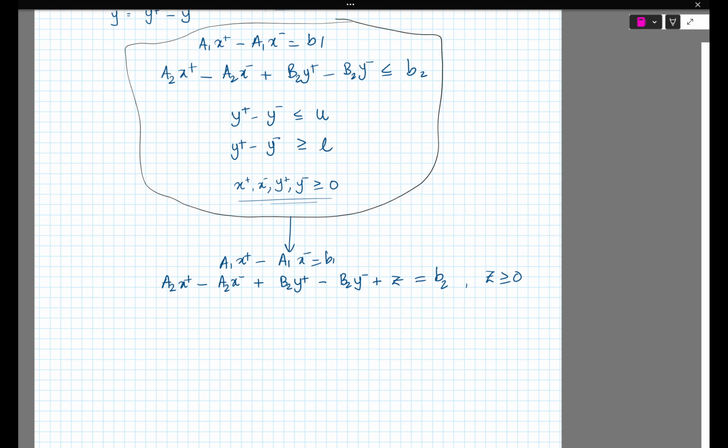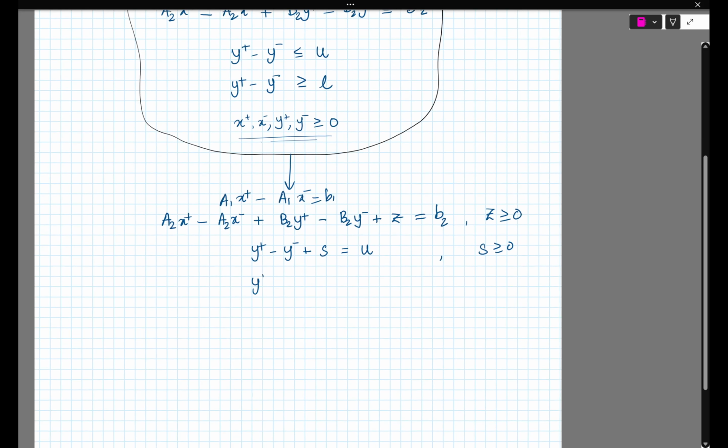So this becomes one of our new slack variables, and we'll do the same thing for this: y plus minus y minus plus some s is equal to u, and s is greater than or equal to 0.